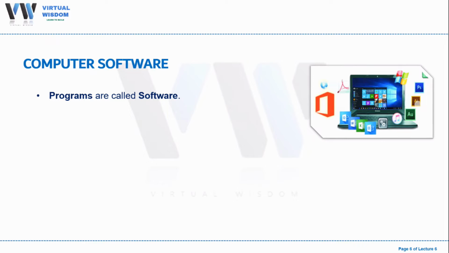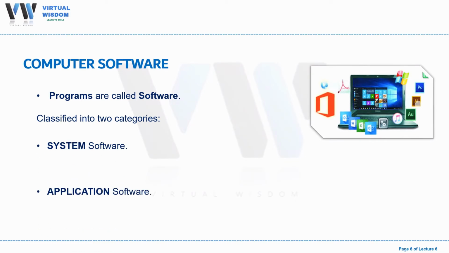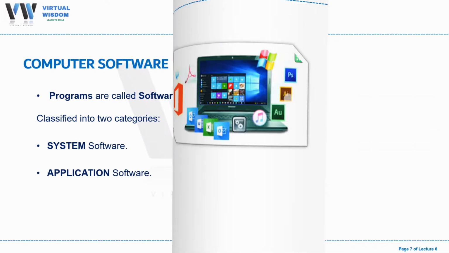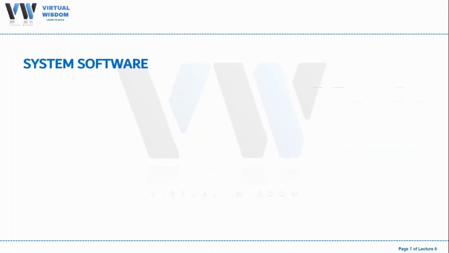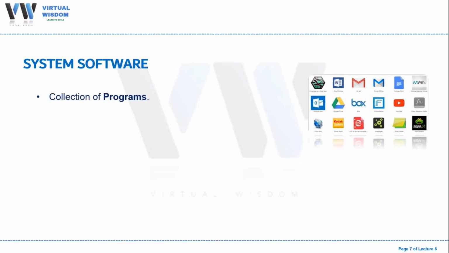By this, computer software is divided into two categories: system software and application software. Now let's discuss system software first, as it contains the main components to execute programs. So a system software itself is the combination, or we can say the collection of programs which makes the computer efficient and easy to use.